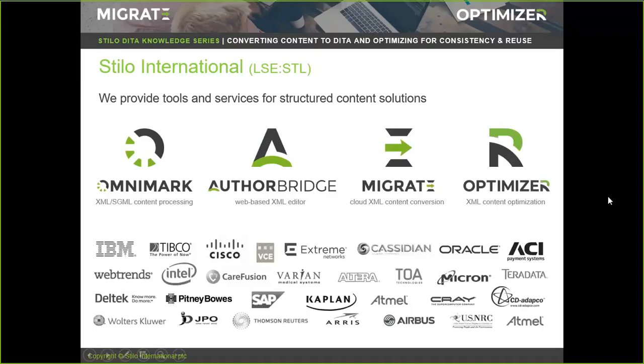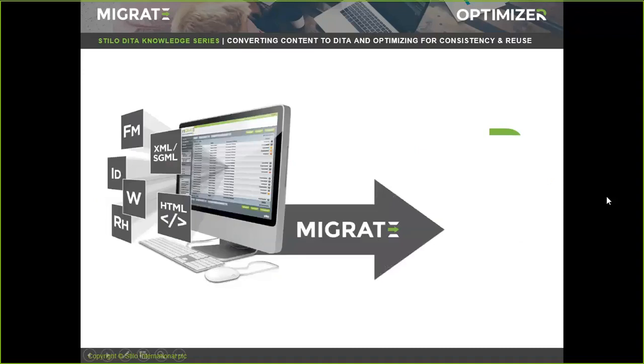So let me introduce Migrate first of all. Migrate is a cloud conversion service. We've been developing this for maybe 10 years or so, and it gets better every year as it becomes more and more sophisticated. It's typically used for converting a range of formats.